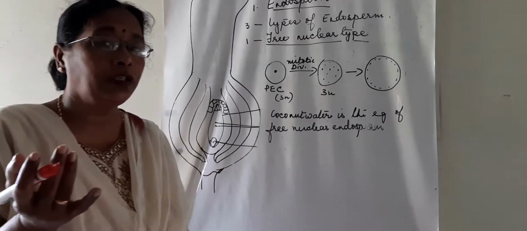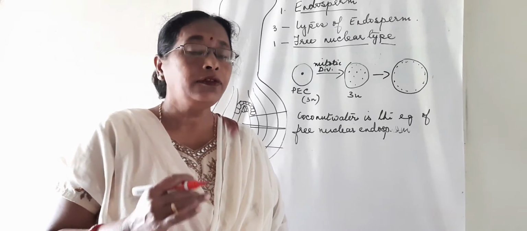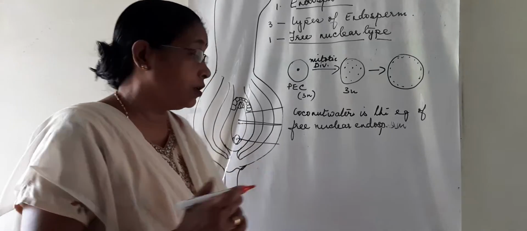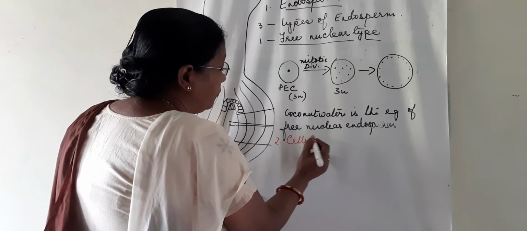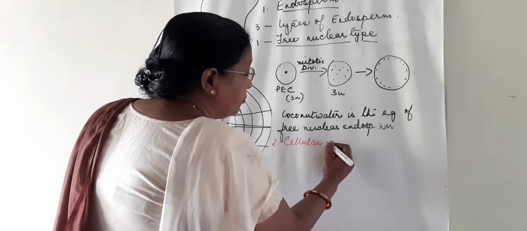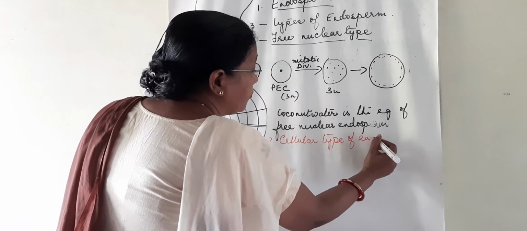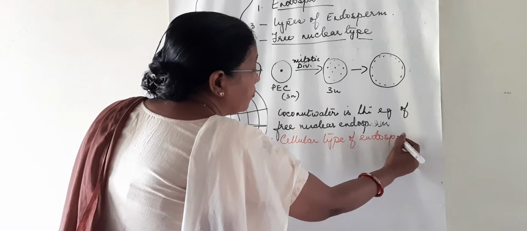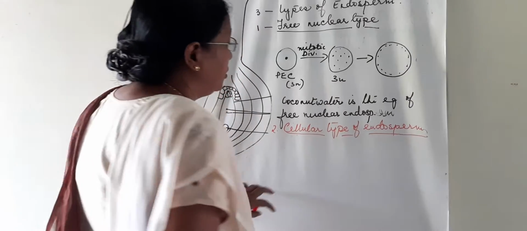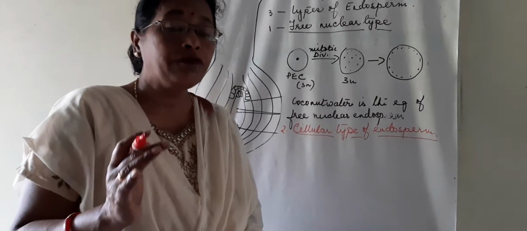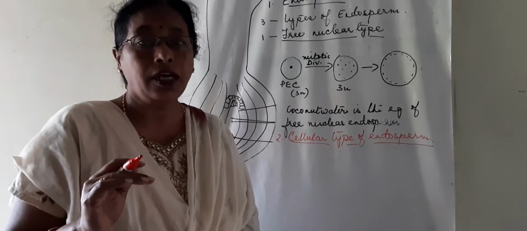The second type is the cellular type of endosperm. In this, the nuclear division is followed by cytokinesis. That is, karyokinesis is followed by cytokinesis.